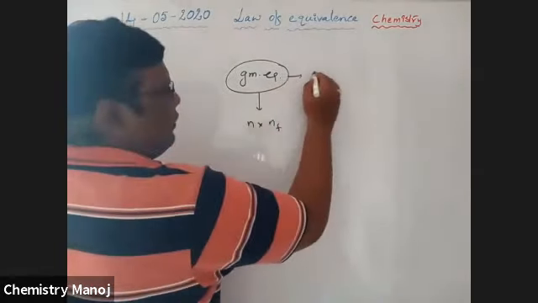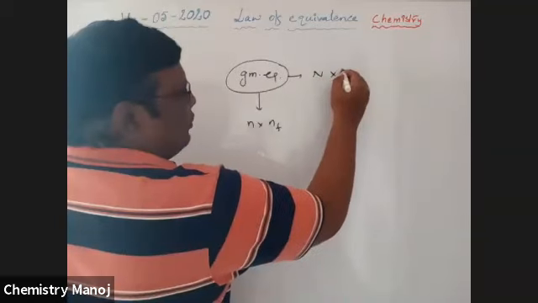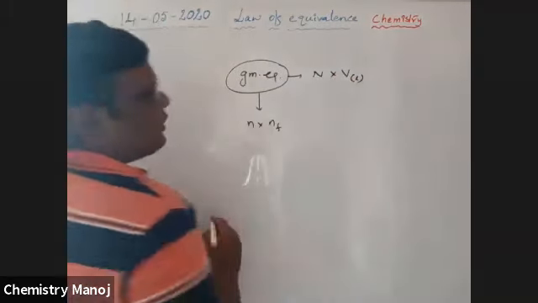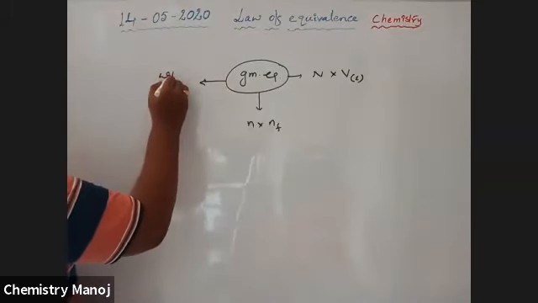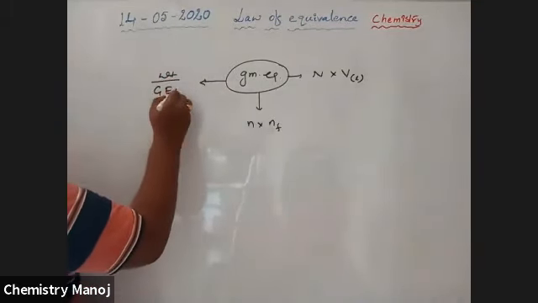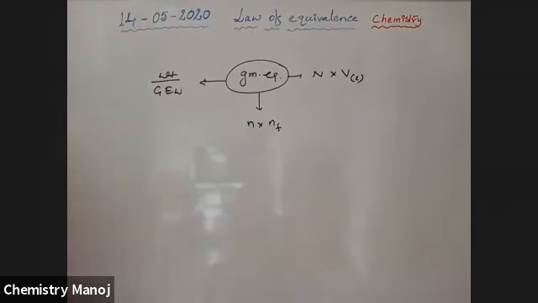Second one, normality into volume in liters. Third one, weight of the substance by gram equivalent weight of the substance.